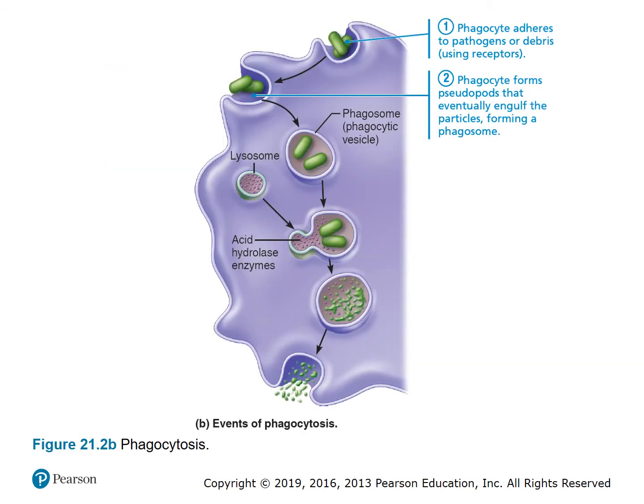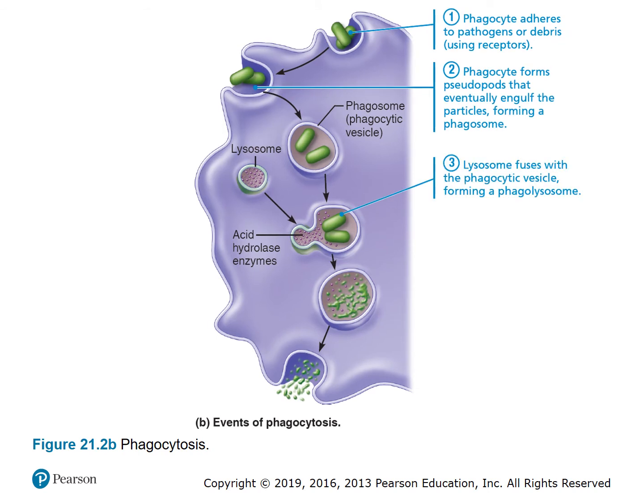So here we can see the phagocyte forms the pseudopods that eventually engulf the particles, forming a phagosome. And then eventually the phagosome is going to fuse with a lysosome, which is going to hydrolyze the bacterium in this case, chop it up into pieces, and then anything that's discarded is going to be exocytosed.